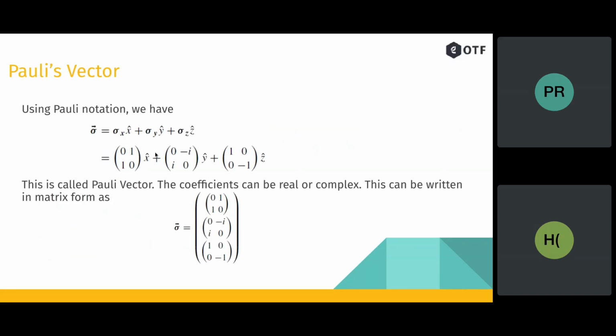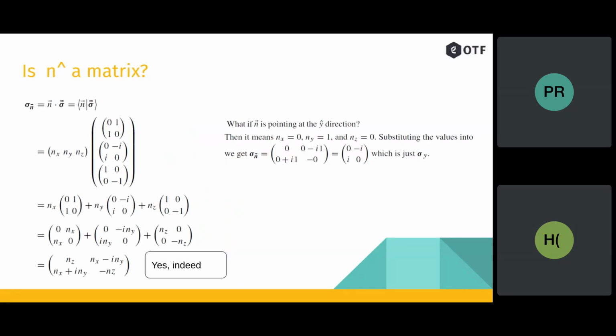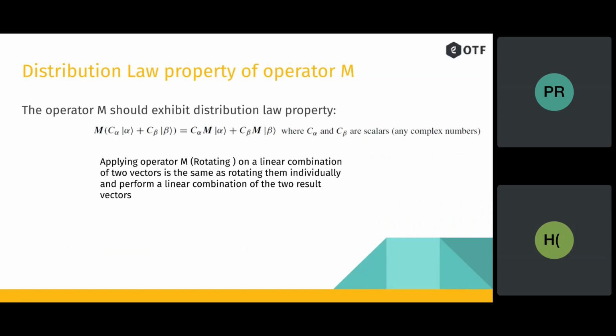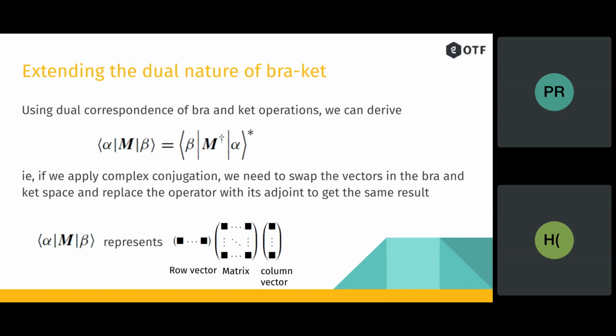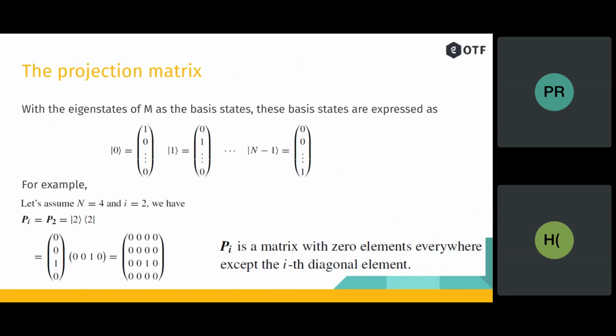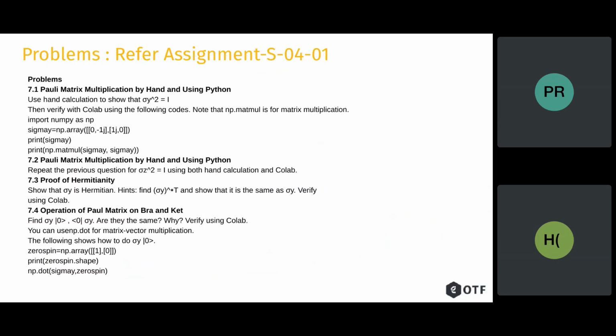So here it is 0 minus i, i 0. Since we are talking about sigma y, it has to be 0 minus i, i 0. This calculation will be done by multiplying the same matrix twice to get its square, and you end up with the identity.